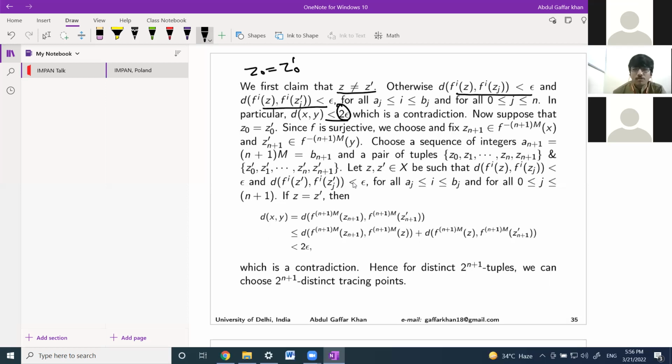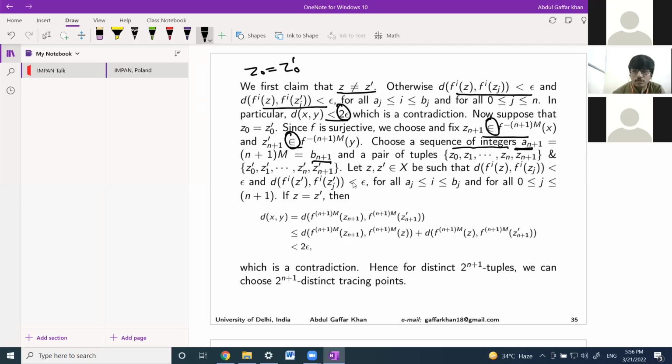If this happens, we simply extend the sequence z0, z1, z2, ..., zn by adding another element zn+1, and similarly this sequence by adding the element zn+1', where these satisfy the following assumptions. These are in the inverse image of n plus 1 m at x.